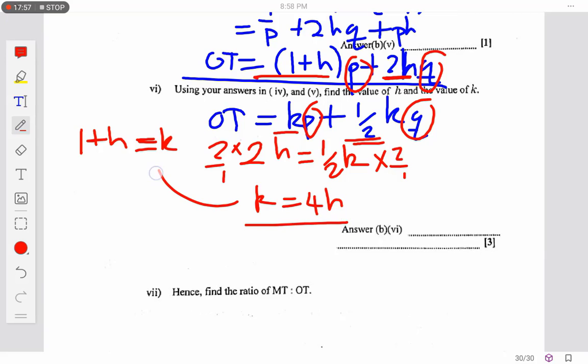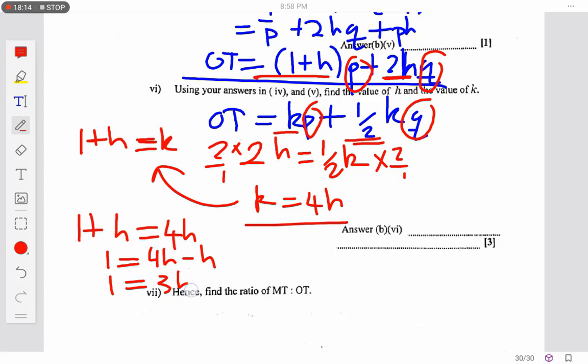And I can substitute it there and say 1 plus H is equal to 4H. Okay, then I can take this side and it becomes a negative, and I'll have 1 is equal to 4H minus H. So my 1 is equal to 3H here. So divide by 3, you find out H is equal to 1 over 3.